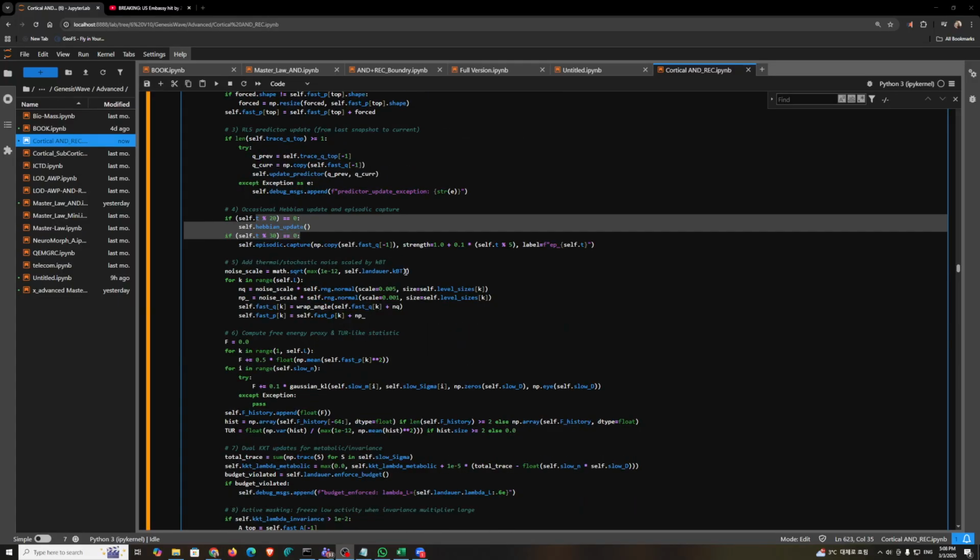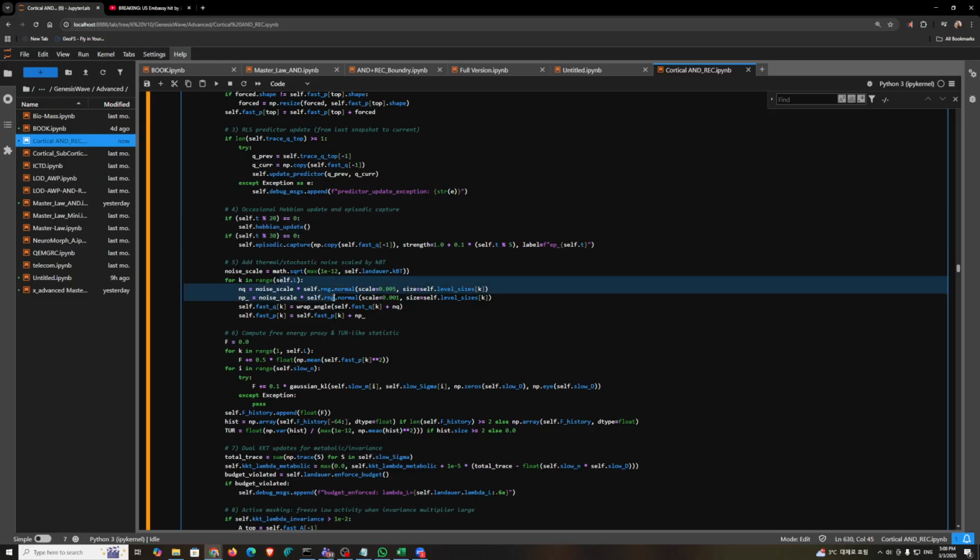Then there is small thermal stochastic noise, which has to be injected, scaled by the Landauer thermal energy, of course reflecting the inherent randomness in physical systems. The engine also calculates a free energy proxy, which is a measure of the overall system uncertainty and prediction error.